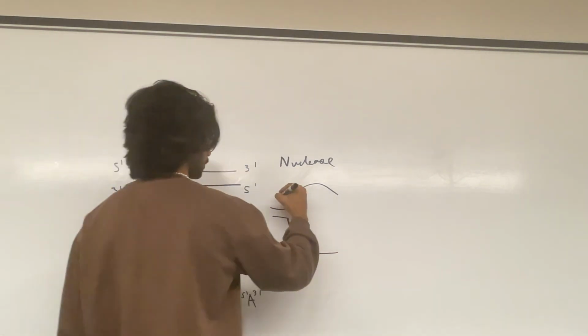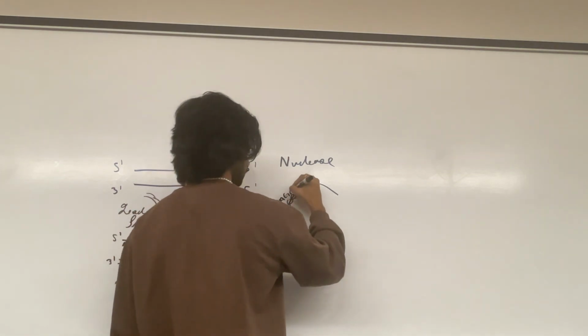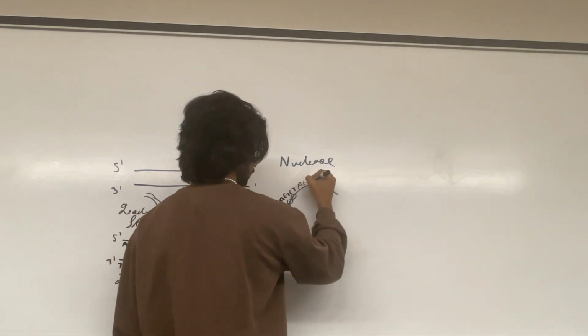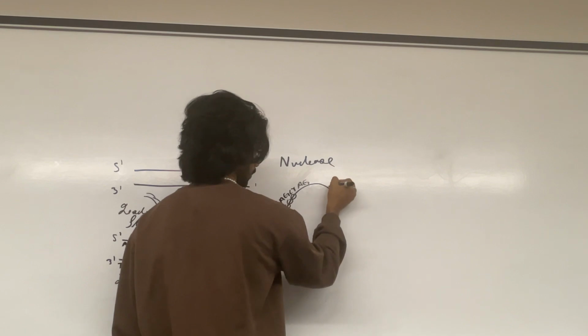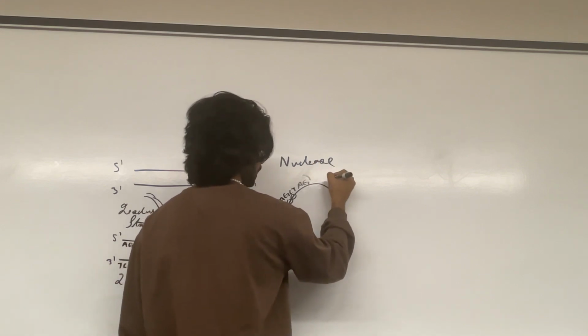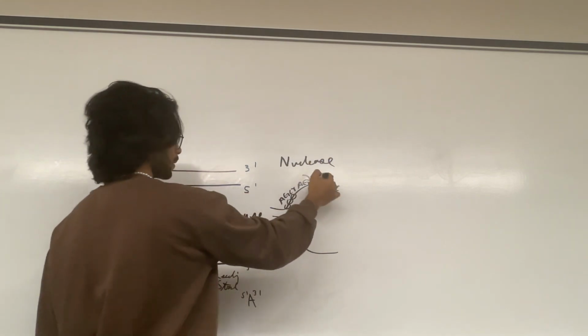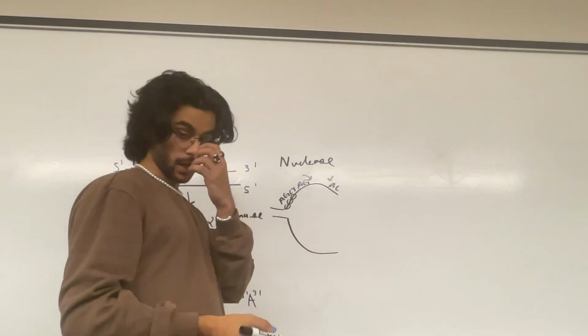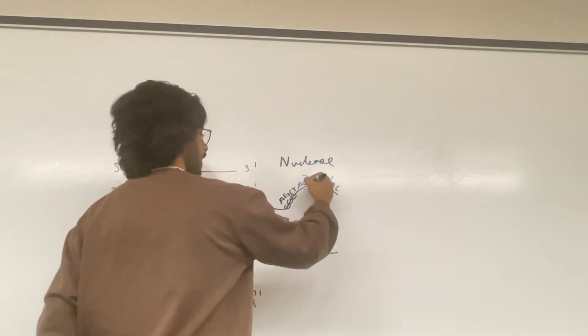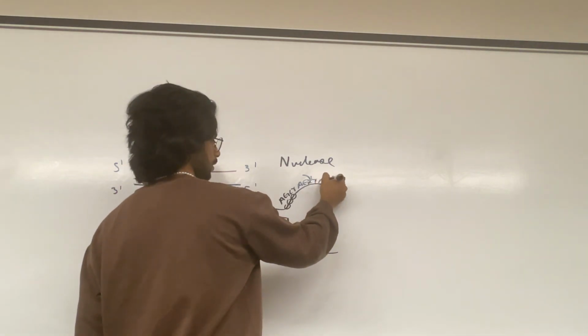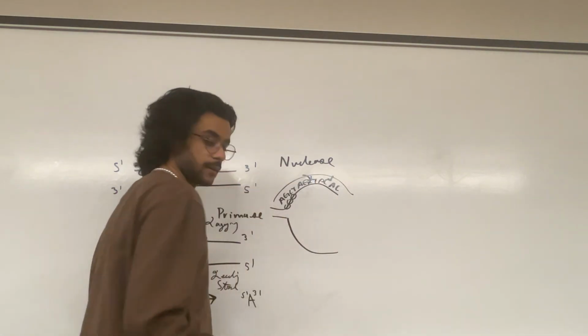And this will, as a result, leave gaps in the nucleotide sequence. Nuclease will degrade the primers and it leaves a gap. Another set of DNA polymerase will then come in and fill out these areas to make sure that it's a continuous strand.